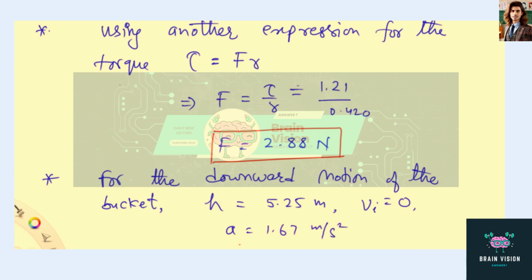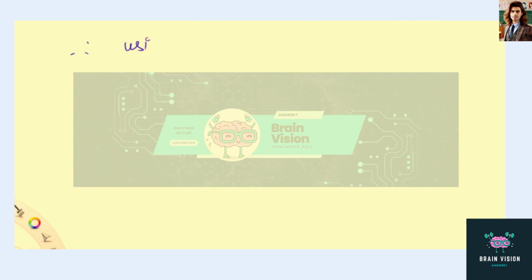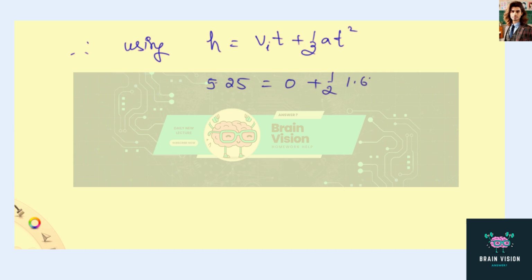So finally, using the second equation of motion, h is equal to v i t plus half a t square. So here, for h, 5.25 is equal to 0 plus half into 1.67 into t square.